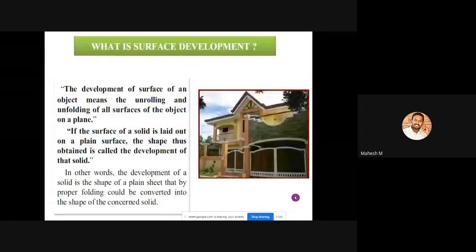Okay, so for example, if we are having a solid, it contains multiple surfaces. Okay, if you take a cube, it contains 6 surfaces. So all the surfaces contain equal area, right? So if you are taking your house, some houses look like a rectangular prism. Okay, so it contains 6 sides.